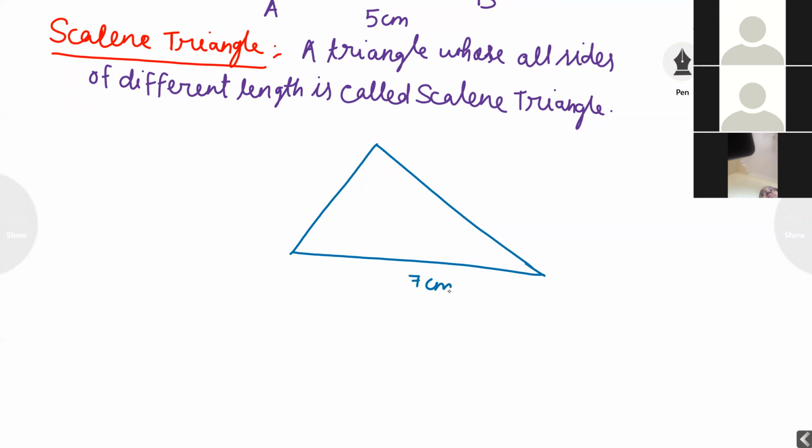7 centimeter, 6 centimeter, 4 centimeter. A, B, C. All sides are different.